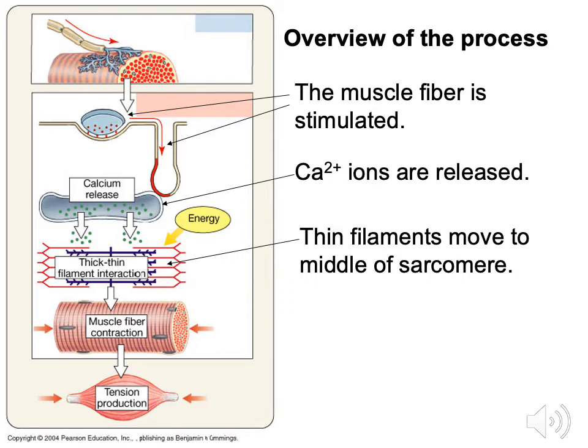The next step would be the actual sliding of the thin filaments towards the middle of the sarcomere, happening at both sides, thus making the sarcomere shorter. That will happen in each sarcomere along the entire length of a myofibril to cause shortening of that myofibril in total. There are, however, several steps within this shortening that we now need to cover.